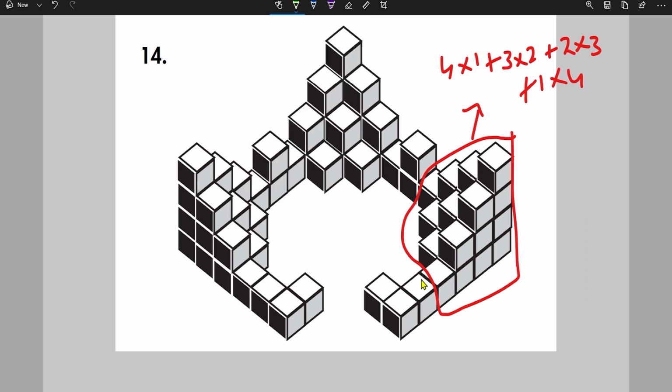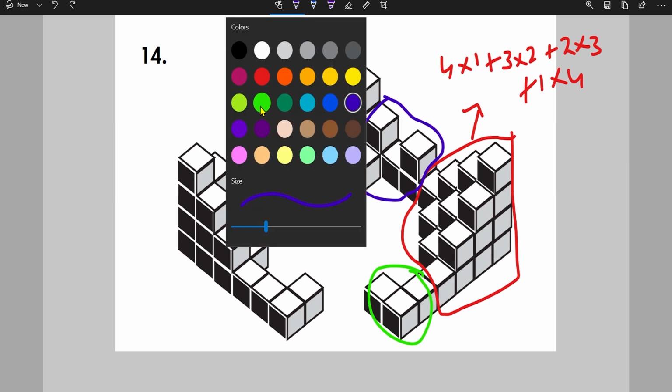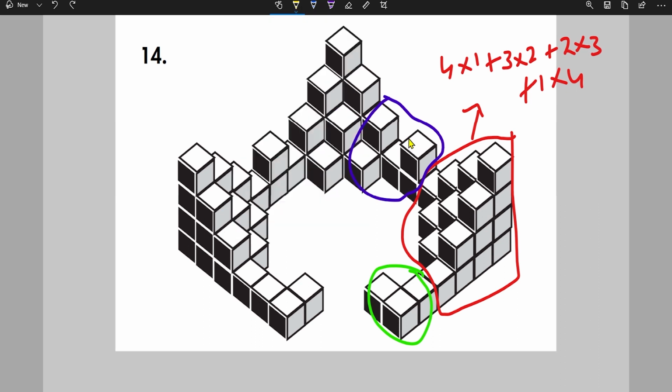Then we have this 3 outside over here. At the same time, over here we have the total of these guys, which comes to 1. Let me just take a lighter color, maybe yellow. So this is 1, 2, 3, 4, 5, and 5 is sitting on one more, which is 6.